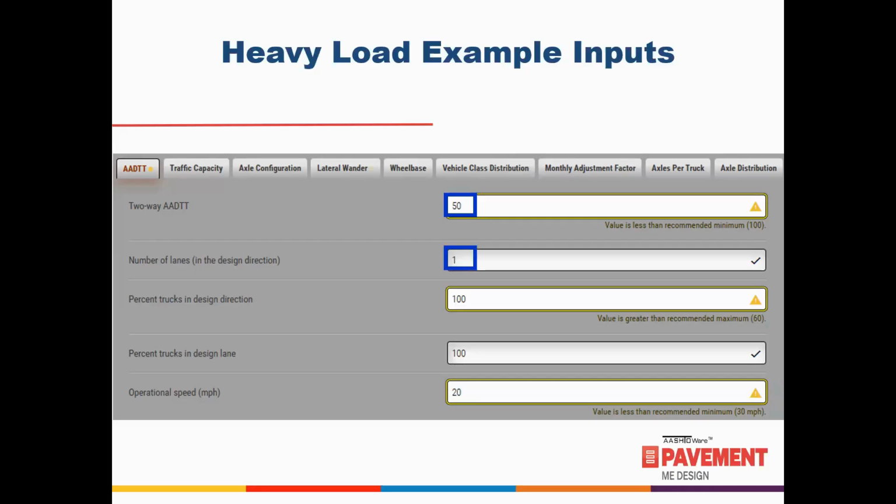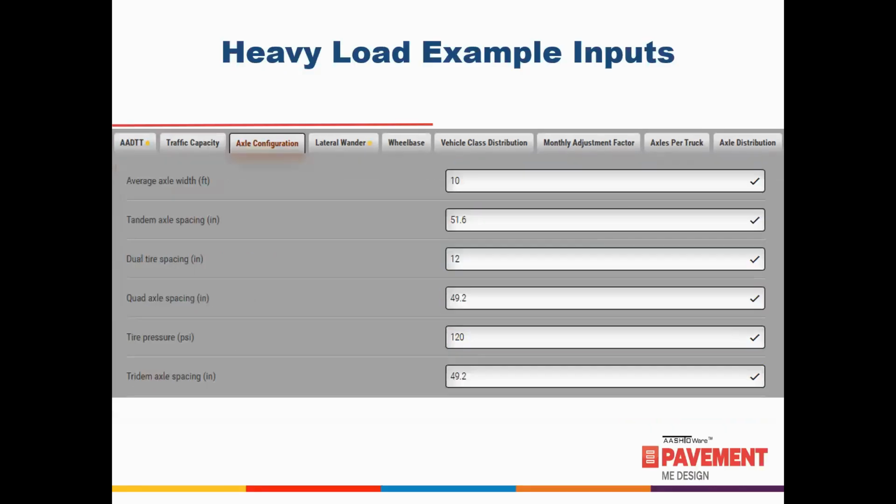To force all of the passes in one direction in one lane, we've got one lane, we're going to say 100% trucks in the design direction, 100% trucks in the design lane. Operational speed, we're going to say 20. There is a limit of 15. In a lot of situations it's probably slower than 20 miles per hour, but you can't go below 15, so you'd have to limit it at that.